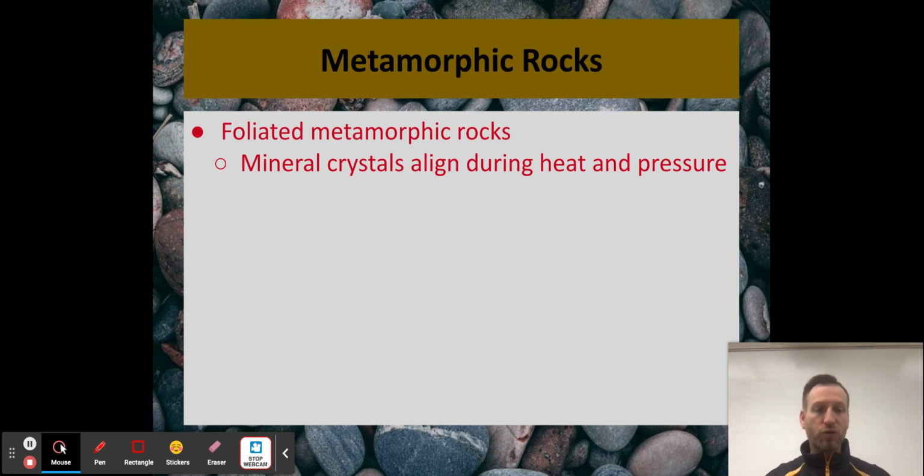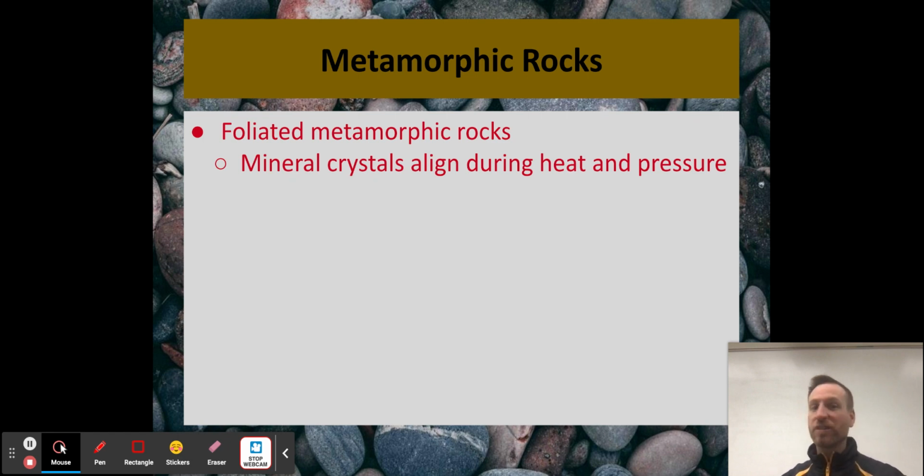has its mineral crystals actually align during heat and pressure. When the rock is going through this change because of the immense heat and pressure, the minerals that made up that previous existing rock literally get rearranged.